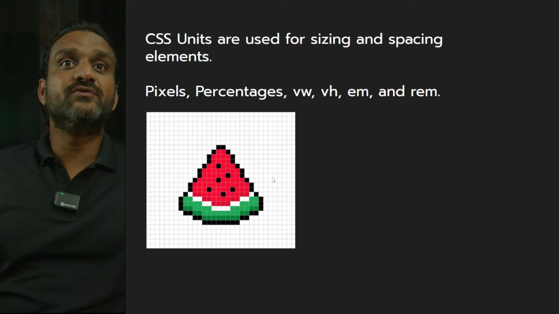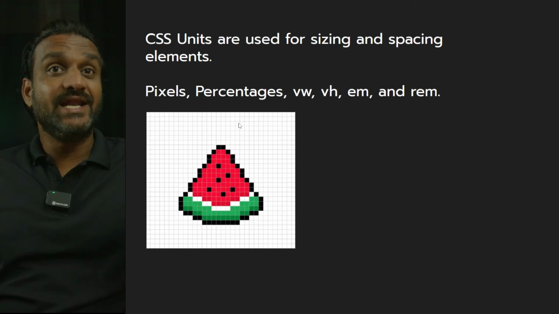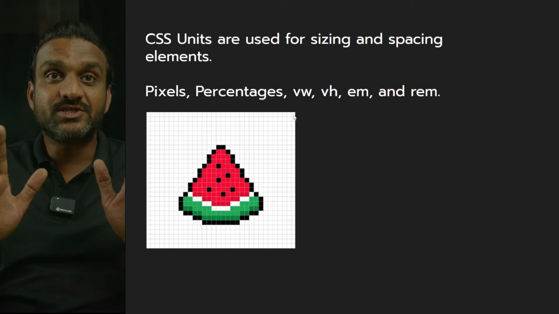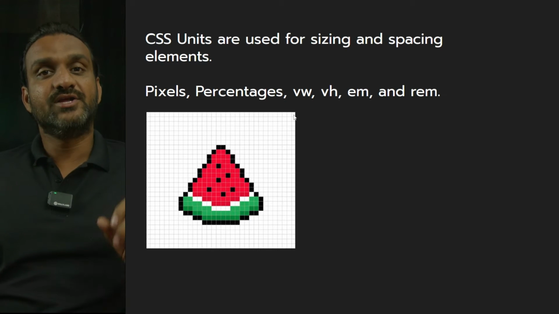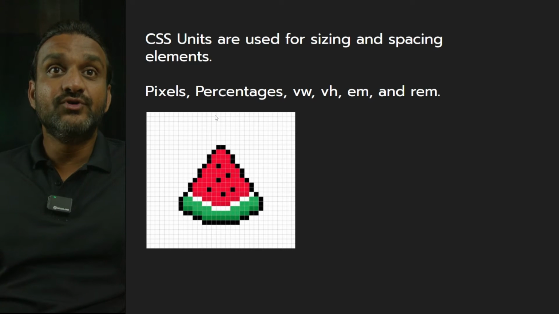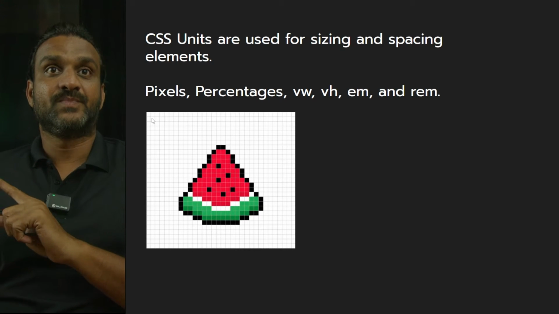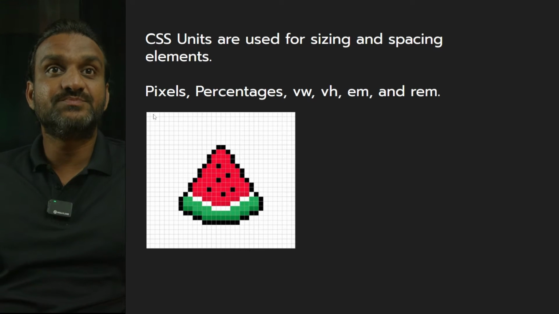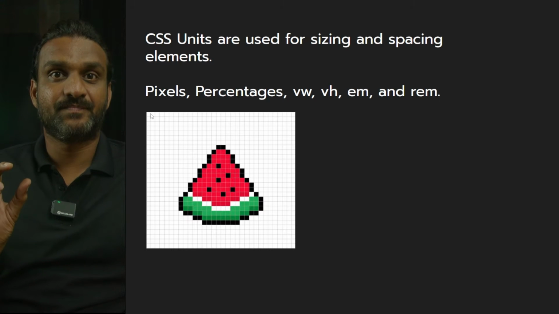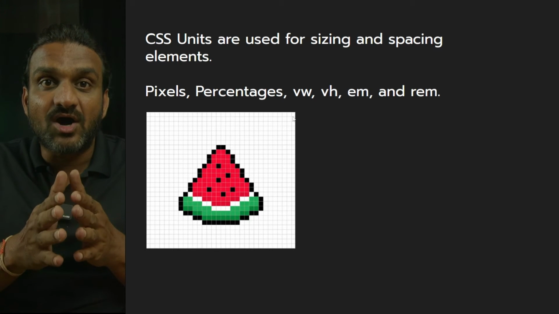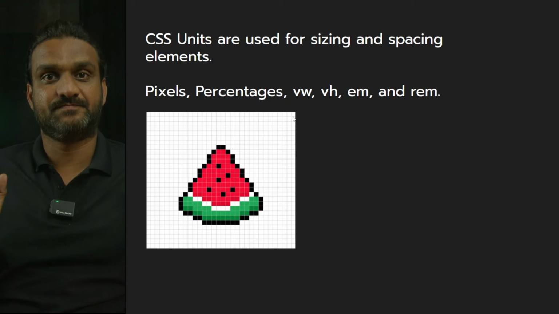First, we will consider this image. Let's assume this is the size of your device, and you are watching this image on it, and this is the width of your viewport or screen. This small possible box is what we call a pixel, and the count of all these pixels is the size of your viewport.